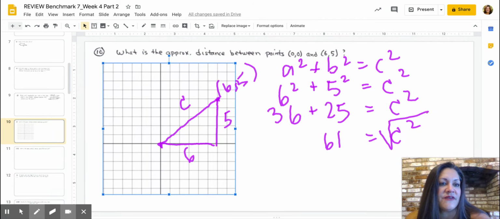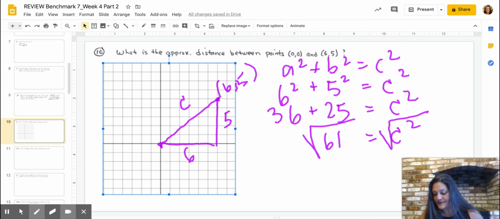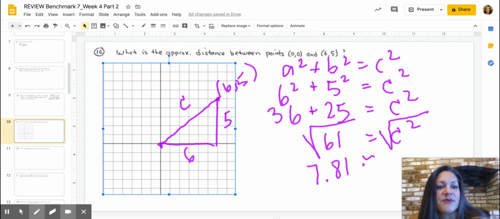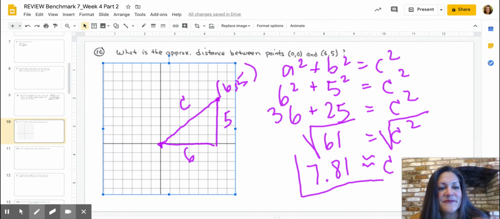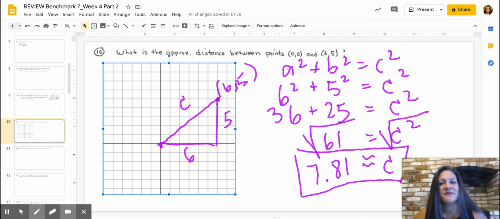We'll find the square root of both sides. And so that equals about 7.81 is the approximate distance of C. Good job.